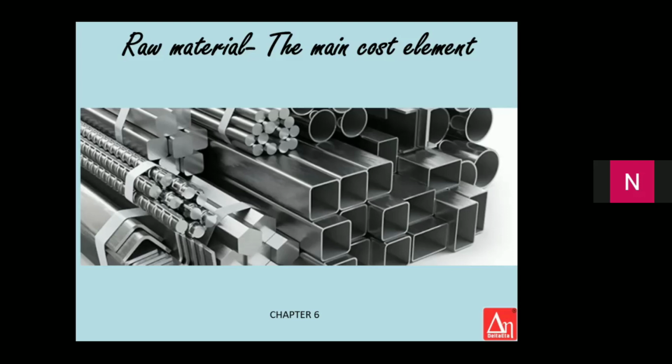So from now on, we'll apply the principles of cost reduction and see how cost reductions can help you in different areas of the enterprise. You might recollect that we were discussing raw materials. In the variables, we are talking about raw materials, which is a major cost element.